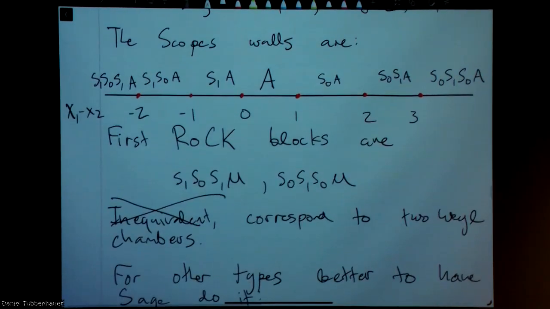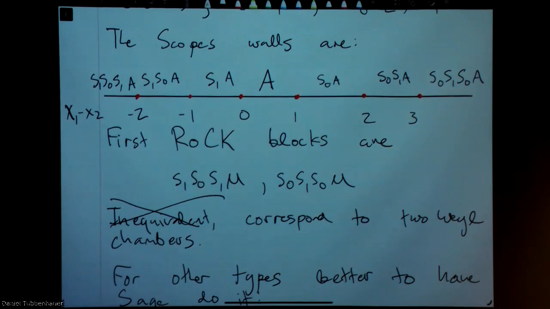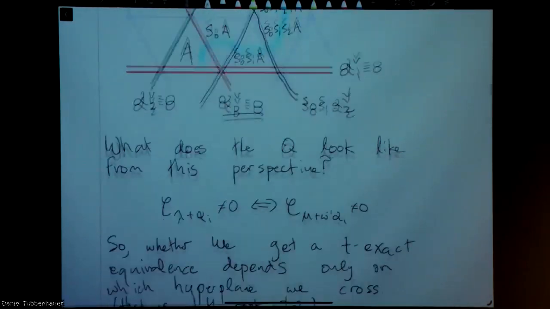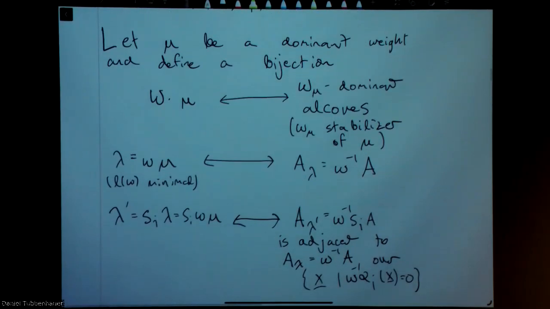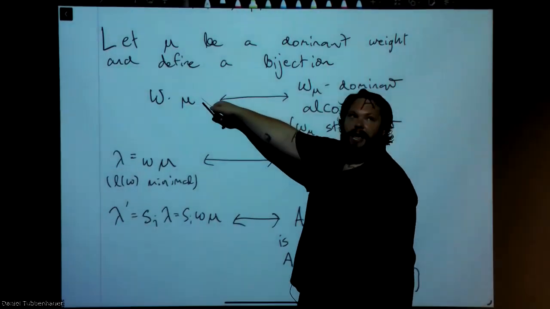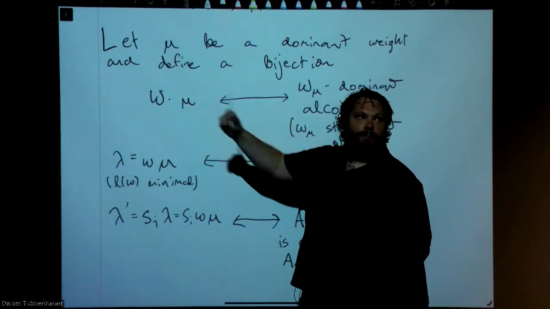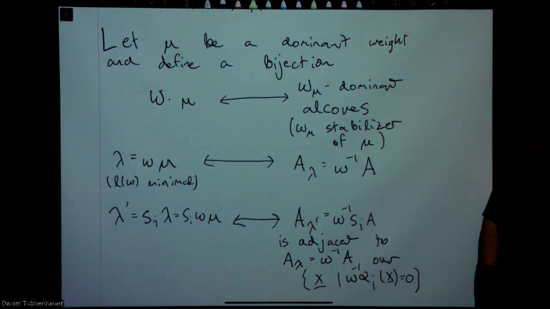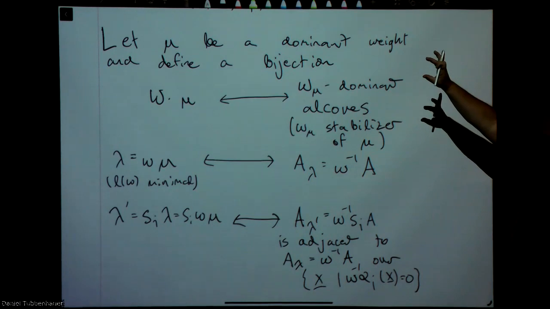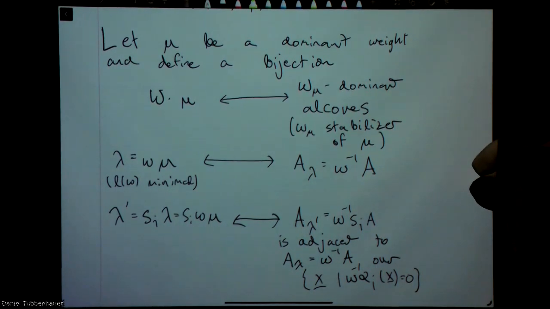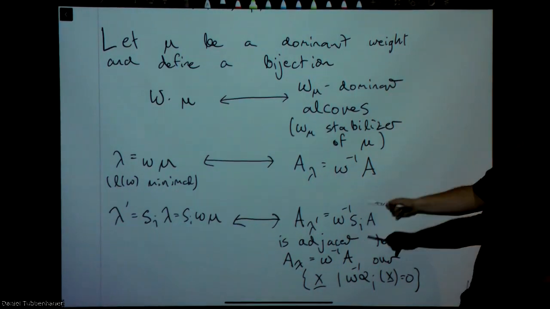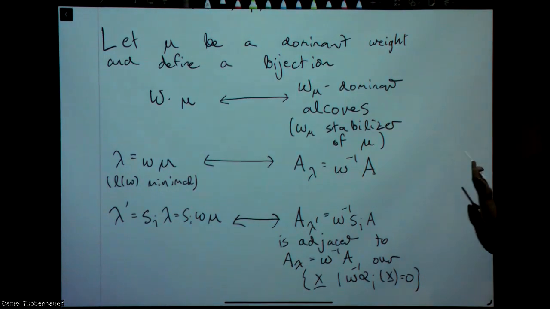Why are you only considering the dominant chamber? Because of this fact: when I was doing FpSm, I had a highest weight that had a big stabilizer. It had a whole copy of the finite Weyl group as a stabilizer. So everything was going to lie in a dominant chamber for the finite Weyl group. Whereas if I take a generic dominant weight, it's not going to have any stabilizer.